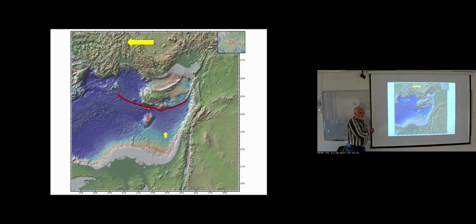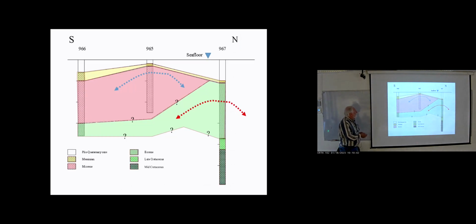Anatolia moves westward very fast. So the motion here is complex because there is a drive northward and a drive westwards. And this is a trace, more or less, of the subduction zone. And what we get, if you take the boreholes and put them on the levels, let's straighten the seafloor.